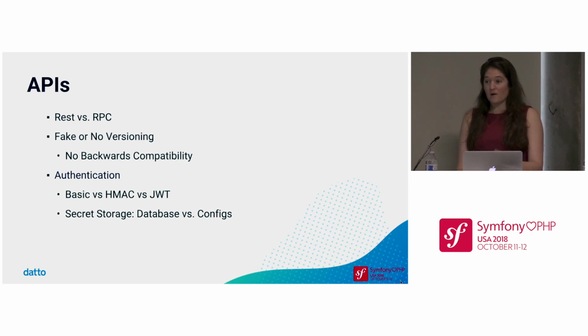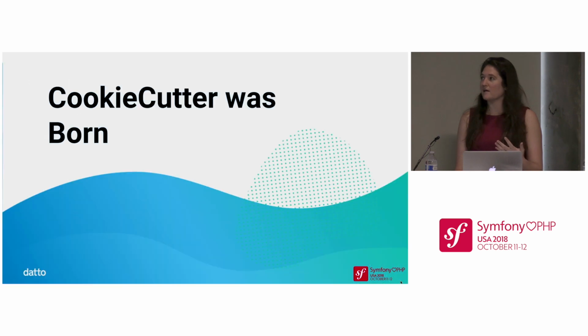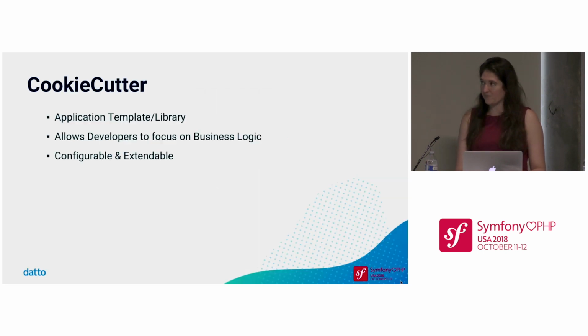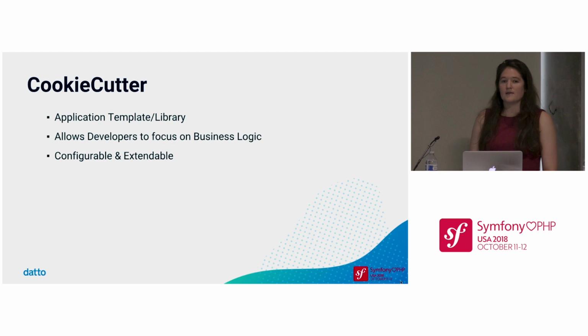So me and one other engineer sat down, and we came up with this idea, and we called it Cookie Cutter. This was our solution to this problem of a standard architecture across the board. So Cookie Cutter for us is just an application template. It's a library.